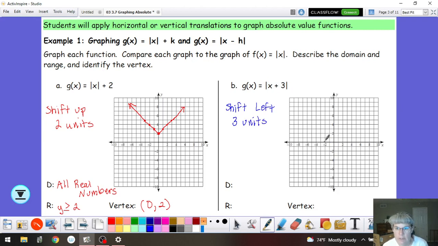So that means my vertex will be shifted to the left 3. So instead of being 0, 0, it's negative 3, 0. And we can make that nice, perfect V with slopes of 1 and negative 1 on each side of the vertex.